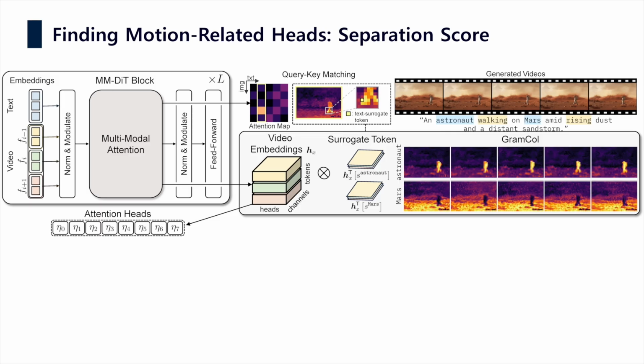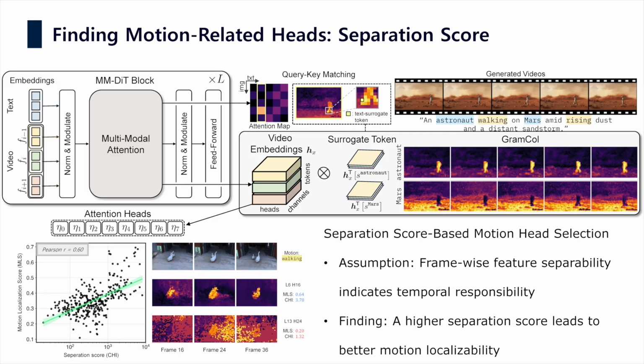Previous studies suggest that different attention heads can play different roles. Based on this, we identify which heads are responsible for capturing motion. Our key assumption is that if an attention head captures temporal information, then its features should be separable across frames. In other words, features from different frames should form distinguishable groups. To measure this, we compute a frame-wise feature separation score.